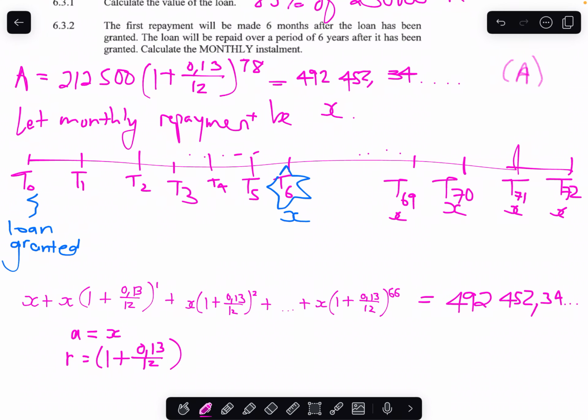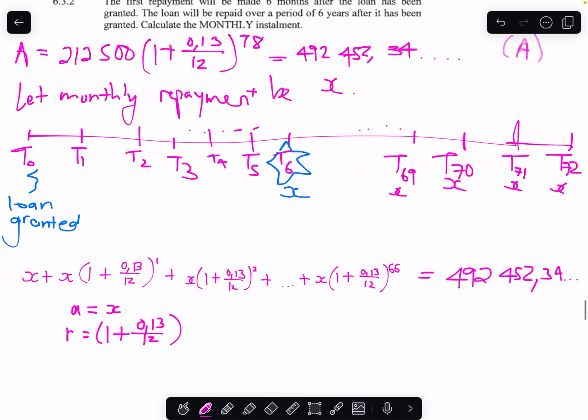That's what we're multiplying each term with each time. The number of terms in the series is 67, because we've got 1, 2, 3, 4, 5, 6 up until 66, and this term that doesn't have this little bit to it. So that's 67 terms in total.